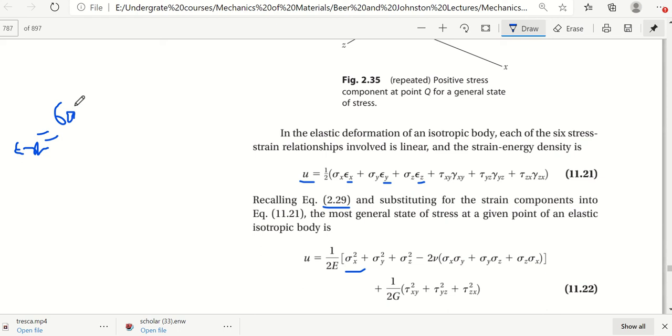sigma x over E, considering the Poisson effect.